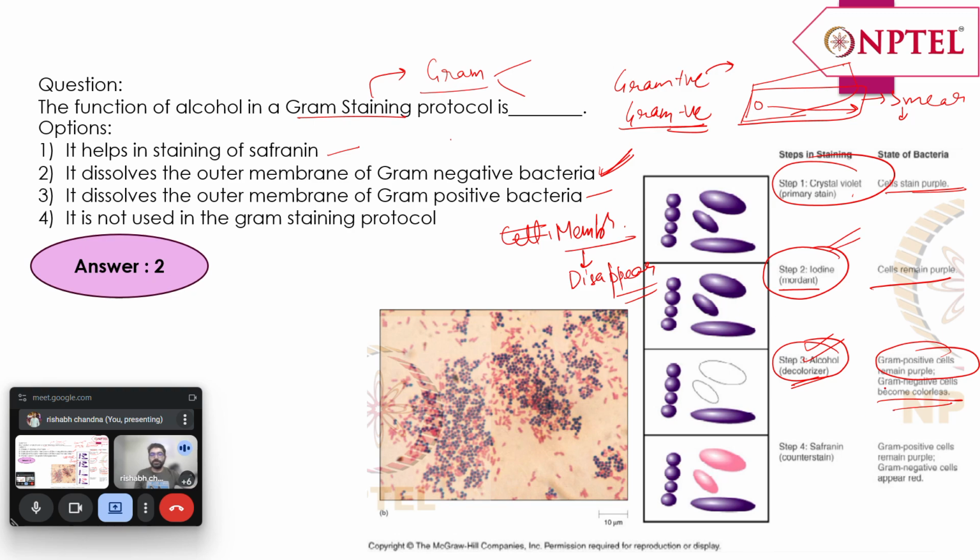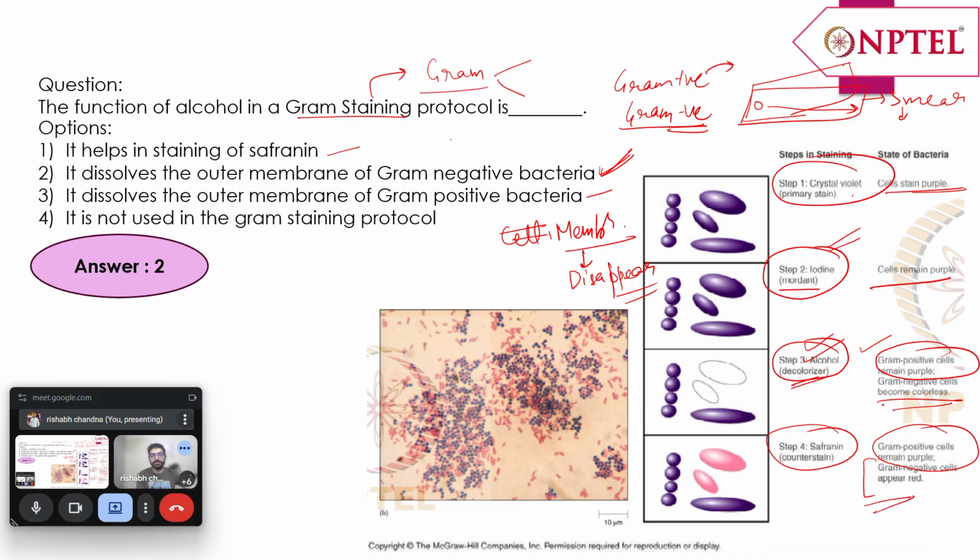Now to differentiate between the purple colored and the other cells, we stain a counterstain, that is safranin. This is pink in color. So the cells that retain the purple color will remain purple, but the cells that were colorless after providing alcohol will now be pink colored.